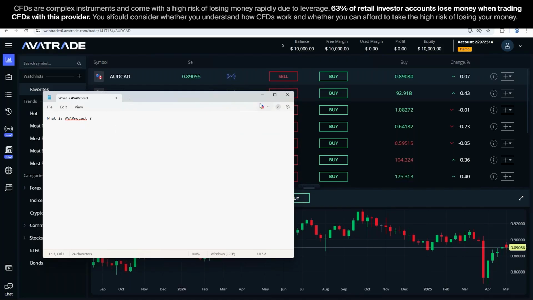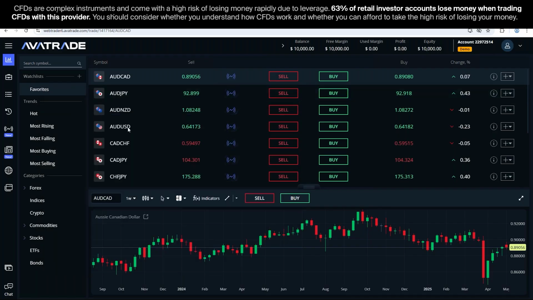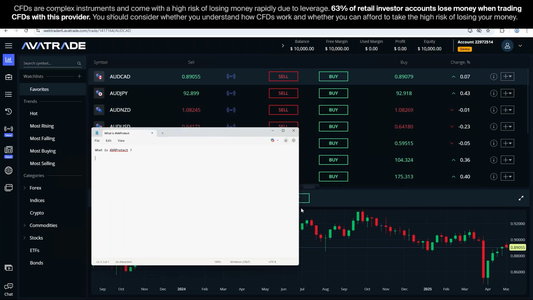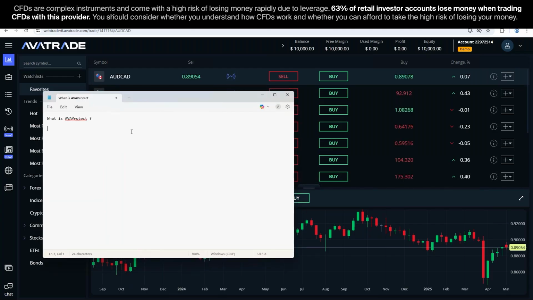First of all, so for you guys to know, as you can see, when I'm choosing an asset and clicking buy or sell, it will be displayed here to the right, the order entry. But you should know that AvaProtect can only be used via the web trader or the AvaTrade's trading app.